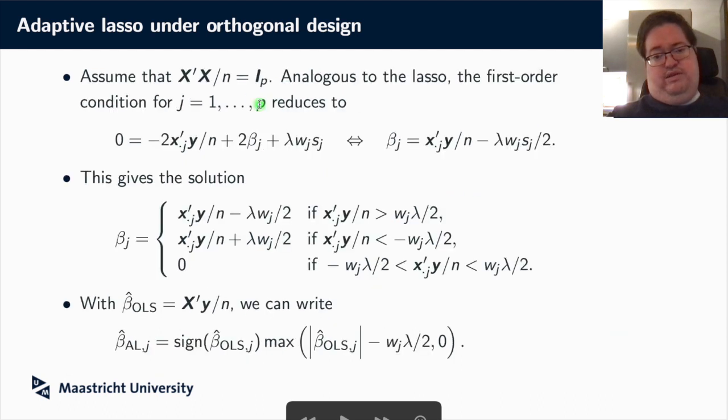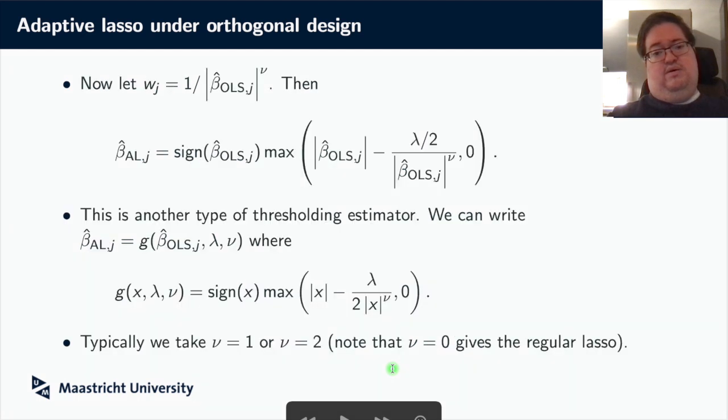If we go back one slide, I plug that in here. Then I get just this expression here. But now, because we took the OLS estimator, we have the same estimator here as we have here, as we have here. So we can define this whole thing as a function of the OLS estimator.